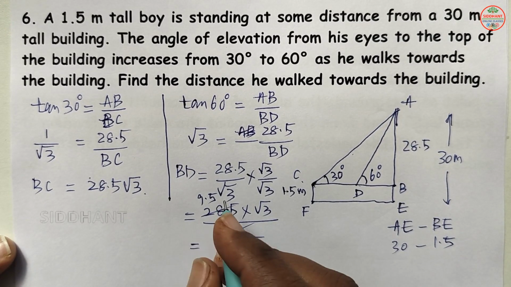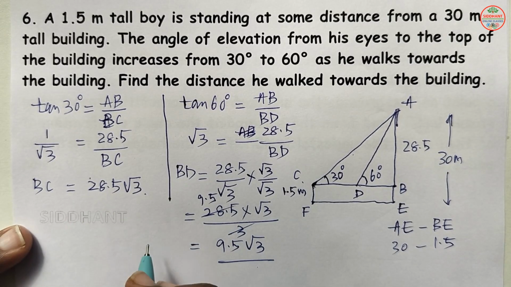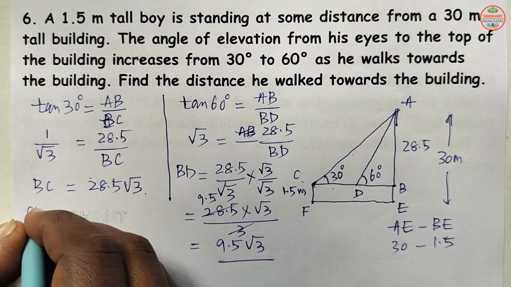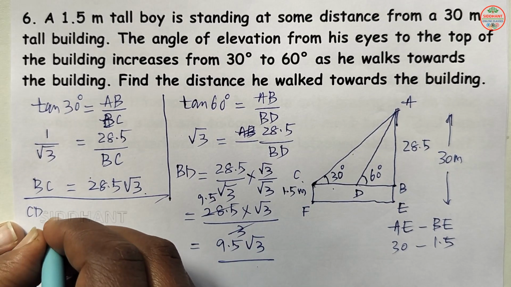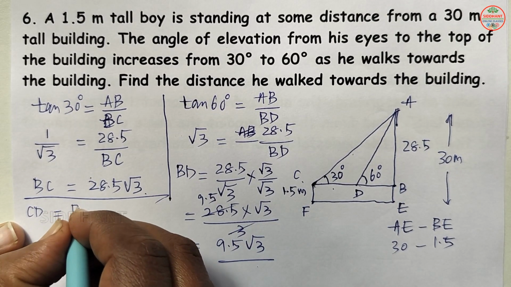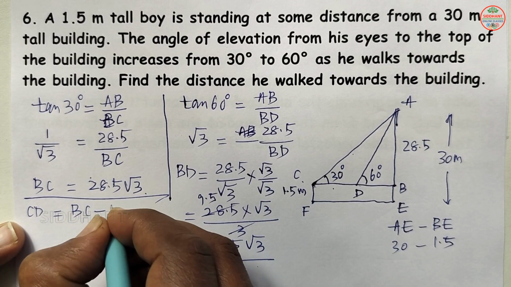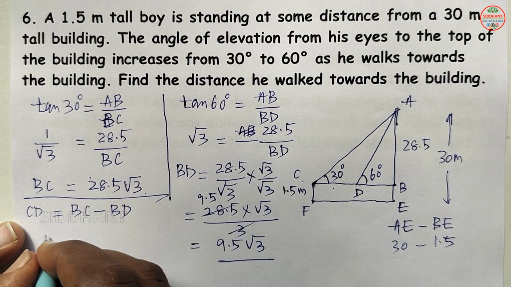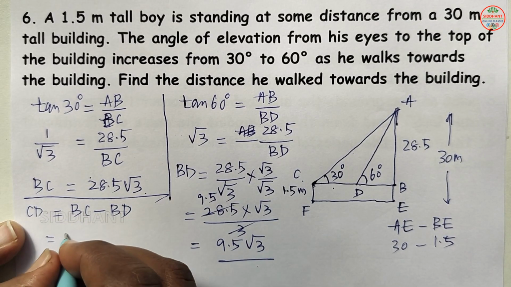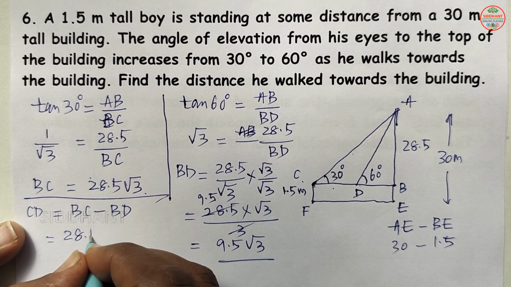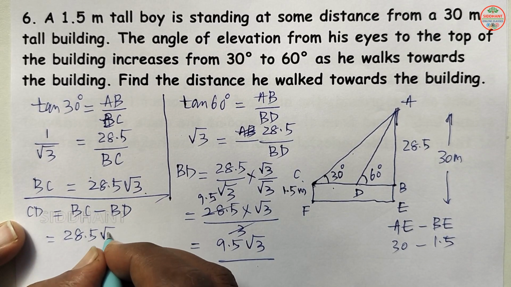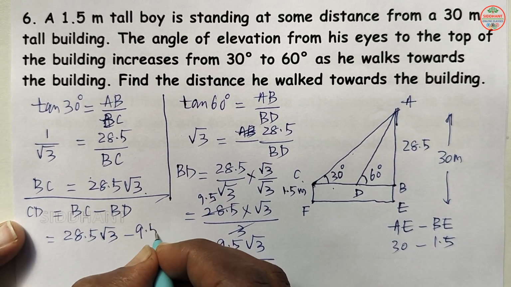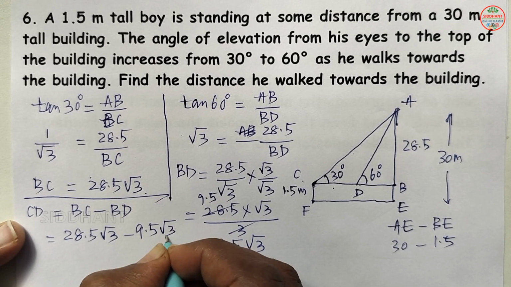So we got BC and BD. Now we are going to find out CD here. CD means BC minus BD here. BC we got 28.5 root 3 minus BD which is 9.5 root 3 here.